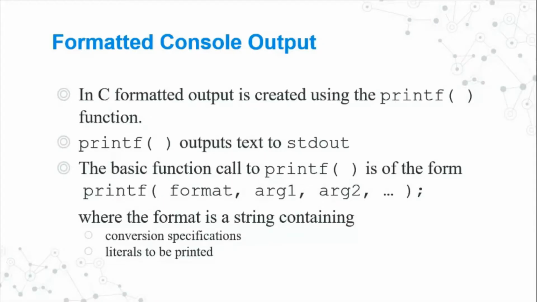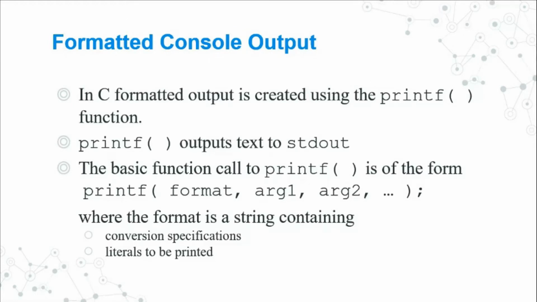Now let's see how data is output by a C program. We have seen many printf statements. The printf statement gives you formatted output. Within the printf statement, we have to give some specific parameters so that it will display on the screen in a specific way.